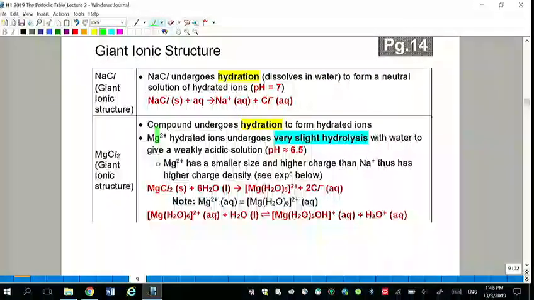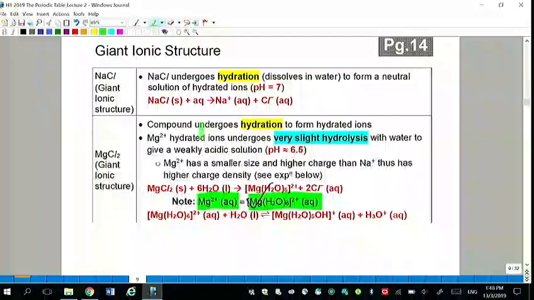Some of you may be wondering, is Mg2+(aq) the same as if I write it as [Mg(H2O)6]2+? They are the same, but the reason why we want you to write 6 water molecules surrounding your magnesium ion is because of the next step of what we call hydrolysis.